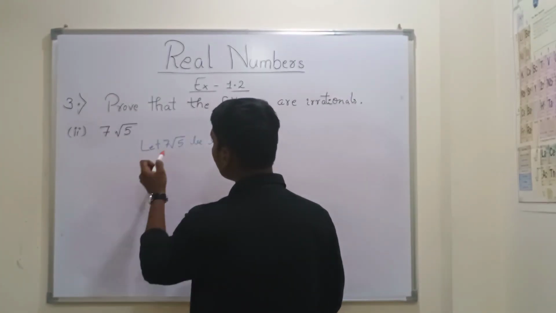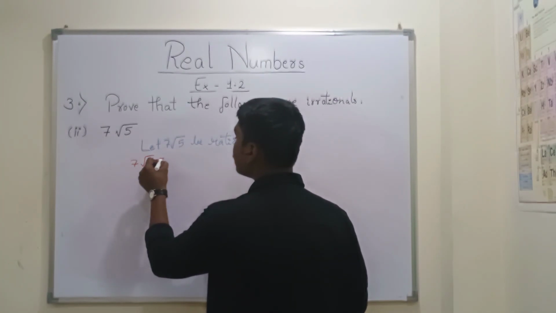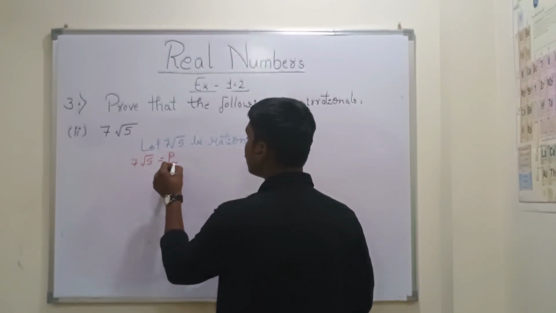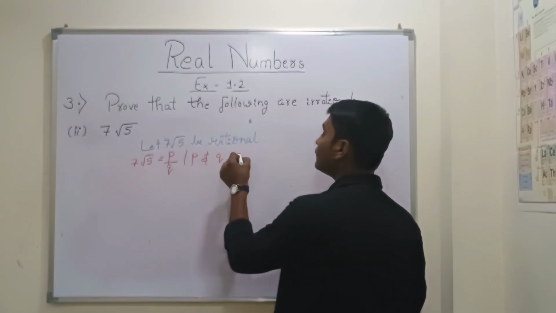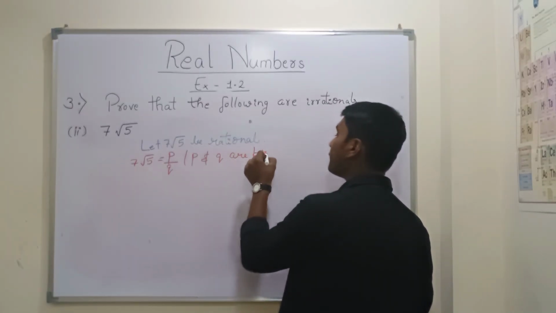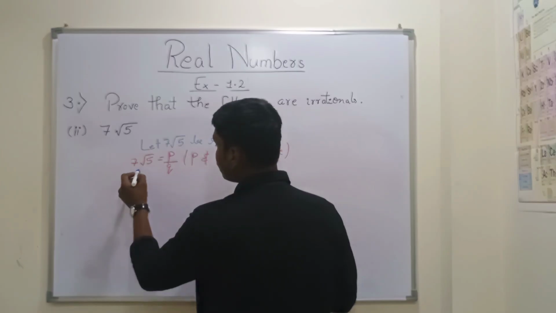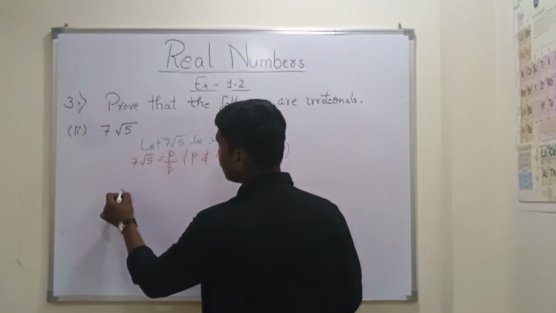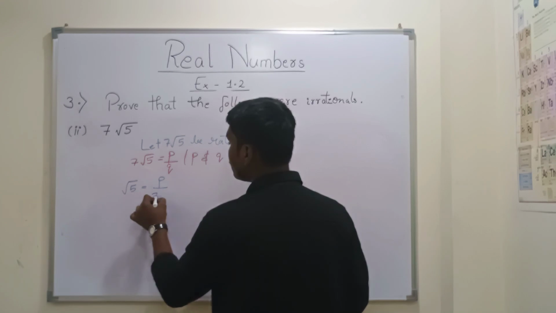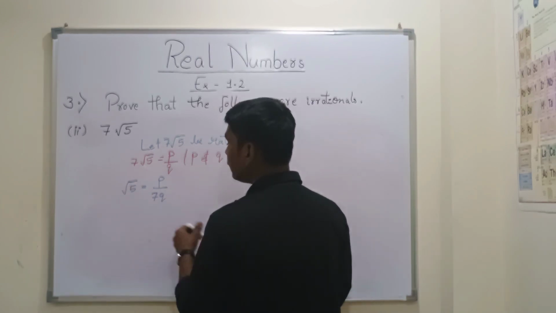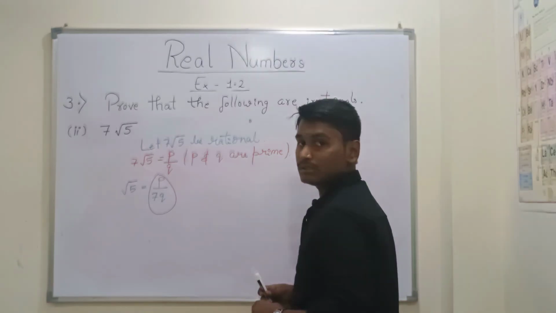If 7 root 5 is rational, then we can write it in the form of p by q, where p and q are prime. Now root 5 will be equals to p by 7q. Here we can clearly see that p by 7q is a rational number.